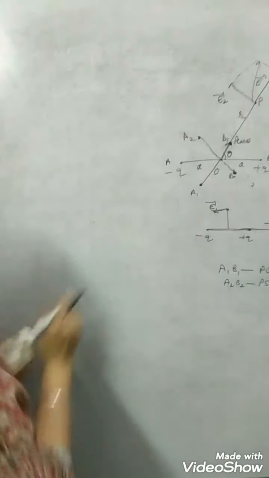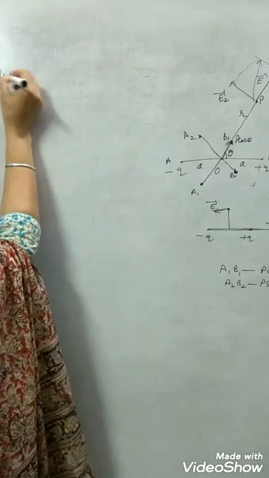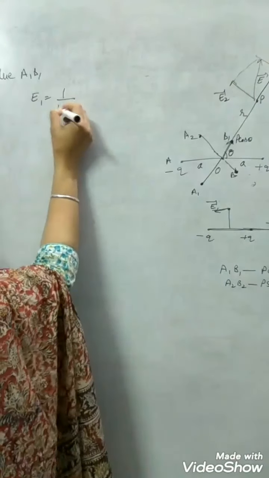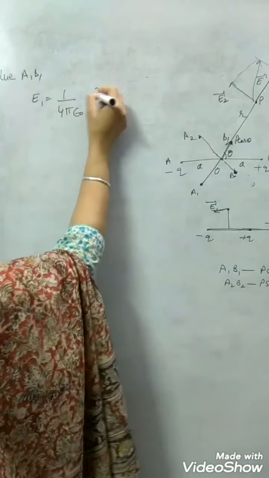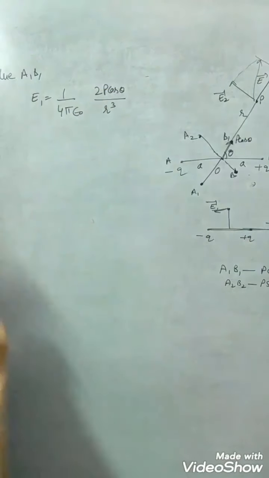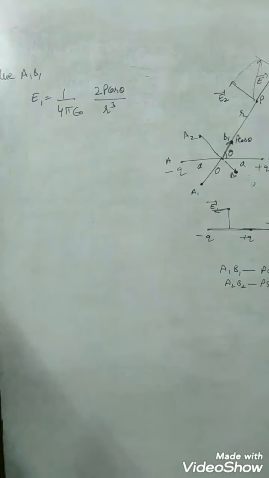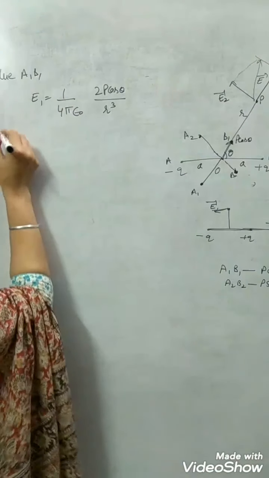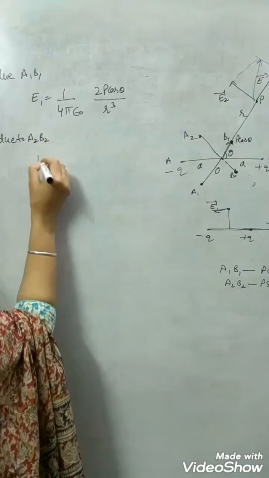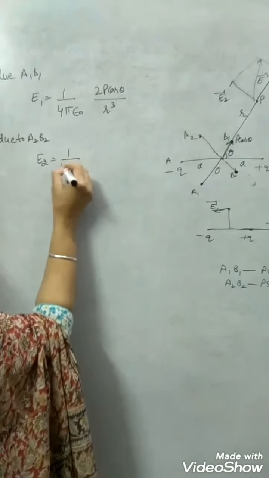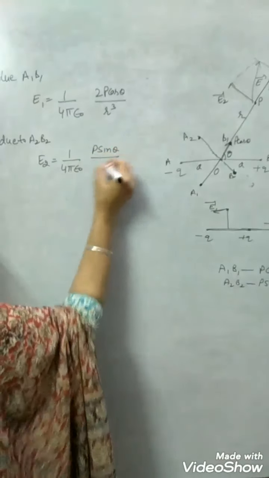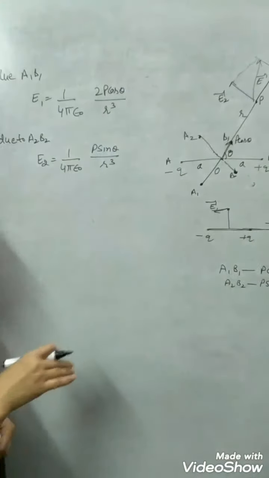Now it is a short dipole. So due to A1B1, E1 is 1 by 4 pi epsilon naught, 2p cos theta upon r cube, and due to A2B2, E2 is 1 upon 4 pi epsilon naught, p sin theta upon r cube, which was proved in the last articles.